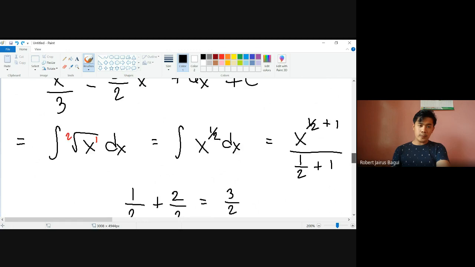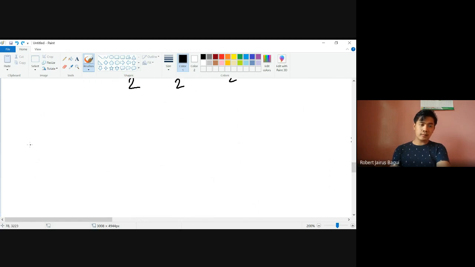Okay, so another example na ganito rin halos. So let's say, integral naman ni x raised to 4, cube root, dx.